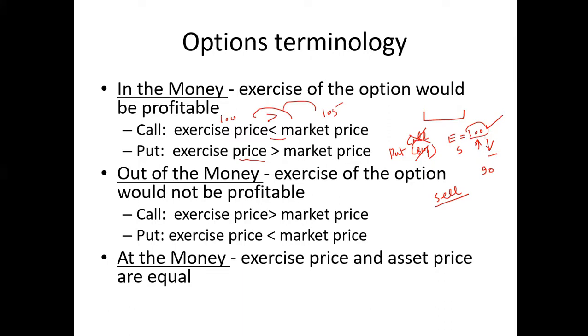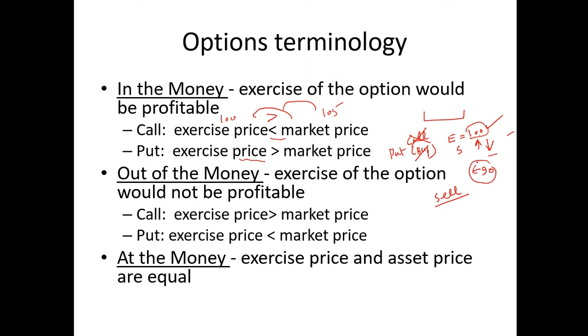So if the stock price has increased, then the put option will be worthless. You will sell at a higher price in the market. But if the price has fallen to, let us say, 90 rupees, then if you sell in the market, it will fetch you only 90 rupees.